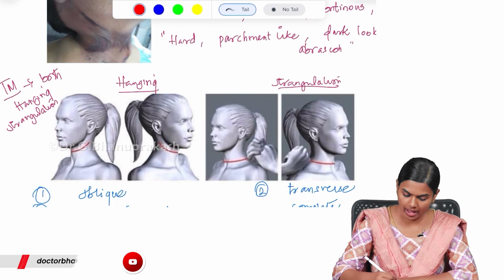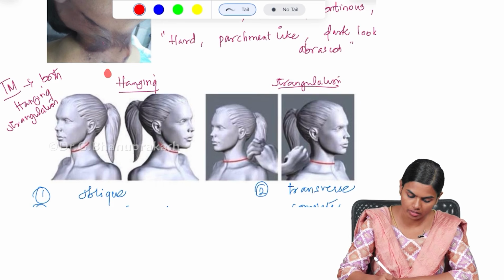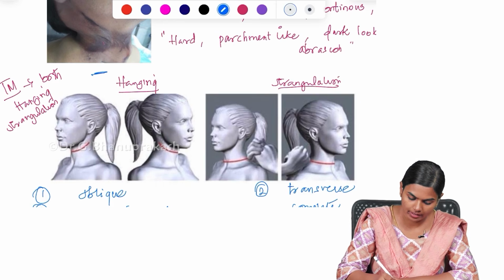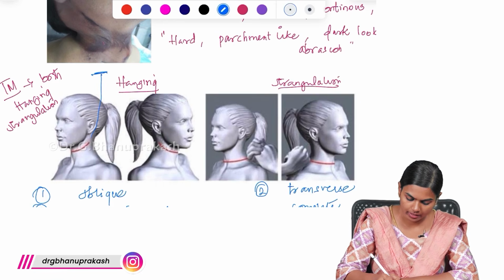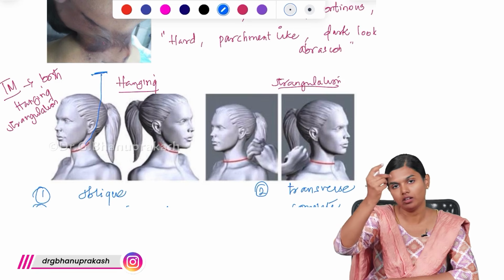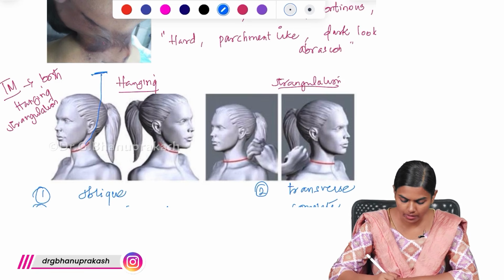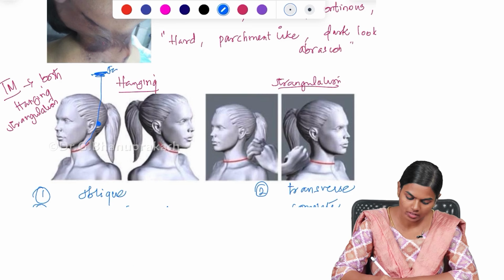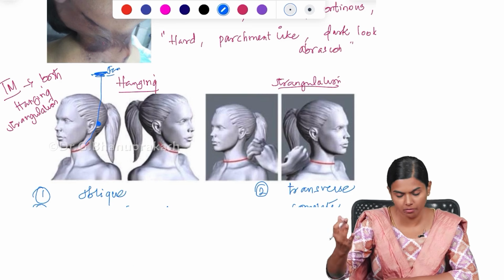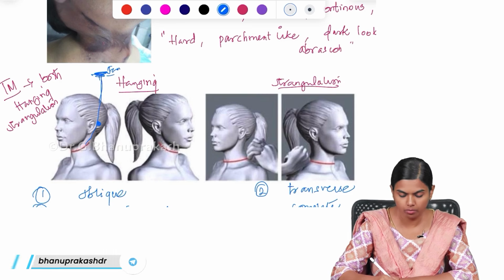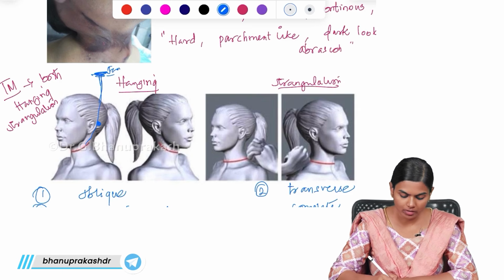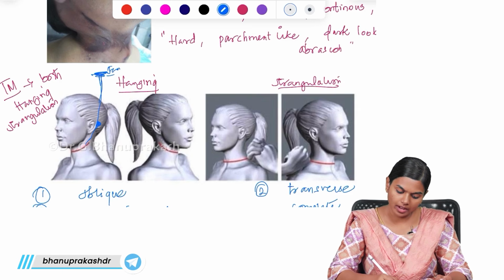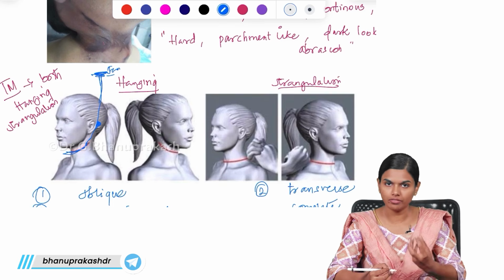This is the point of suspension, where they are hanging from, and here is how the rope will be. Now what happens if the knot is placed over here and the rope is pulled from the point of suspension, like from a fan or something? The knot will come here and the ligature mark is over the front.